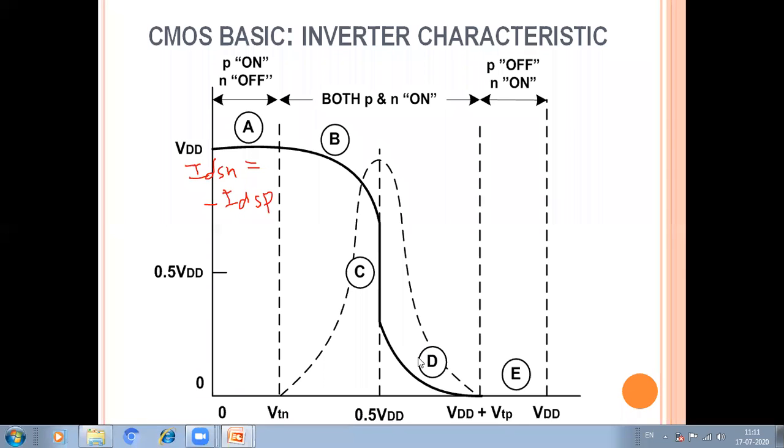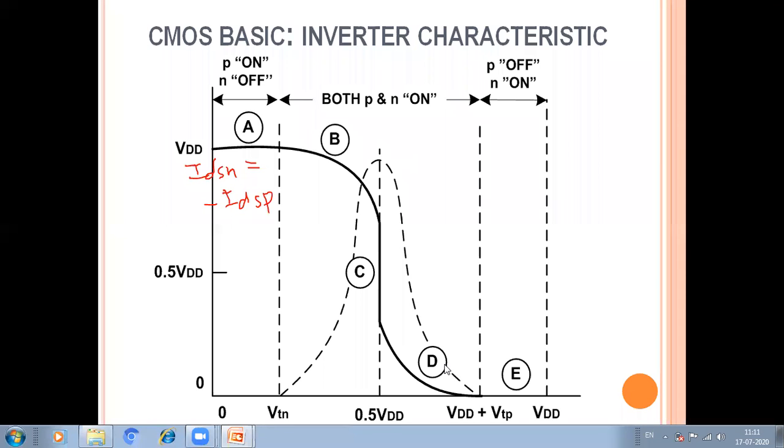So the region is D. Here the P device is in saturation, opposite of B. The P device is in saturation while the N device is in its non-saturated region. So the current equations for IDSN and IDSP are opposite of the B region. So that is the D region.